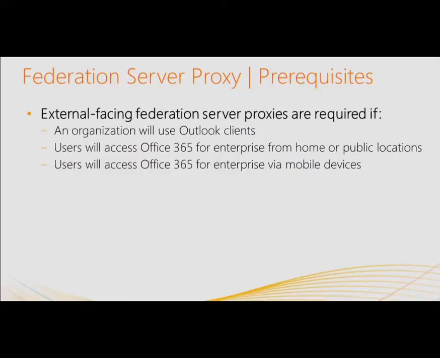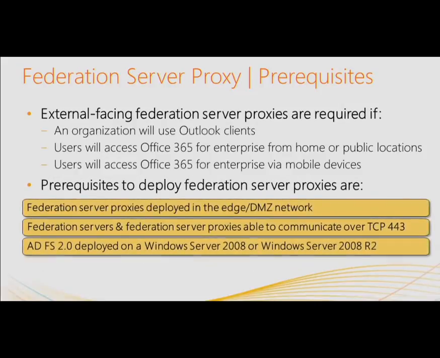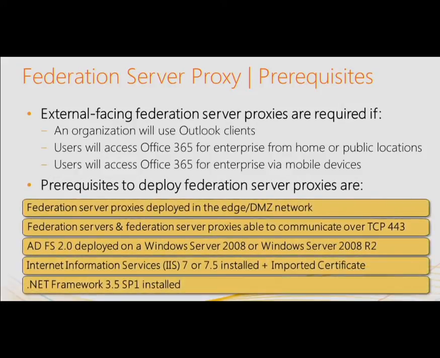We need to deploy a federation server proxy when an organization needs to use the Outlook client. Yes. If we need to access Office 365 using Outlook clients in general, we will need to deploy the ADFS server proxy. If we are just accessing Office 365 internally using the website, it's not a problem.